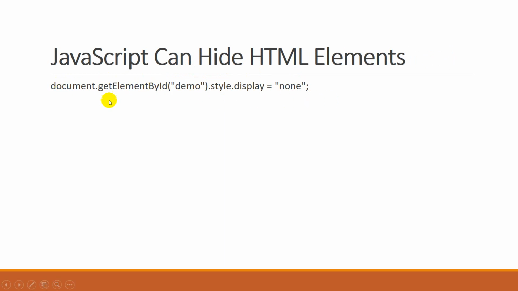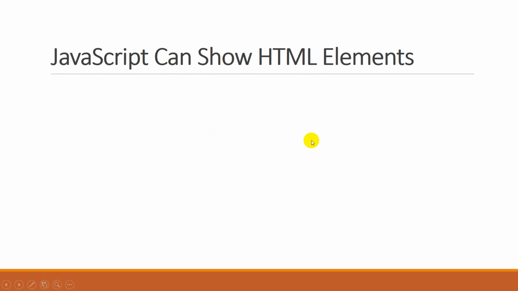So using, again, the getElementById, we are getting this element whose ID is demo. We are setting the style display to none, and this results in hiding that specific HTML element. Again, JavaScript can show HTML elements using style display. We can use the block value in order to show an HTML element which was previously hidden.